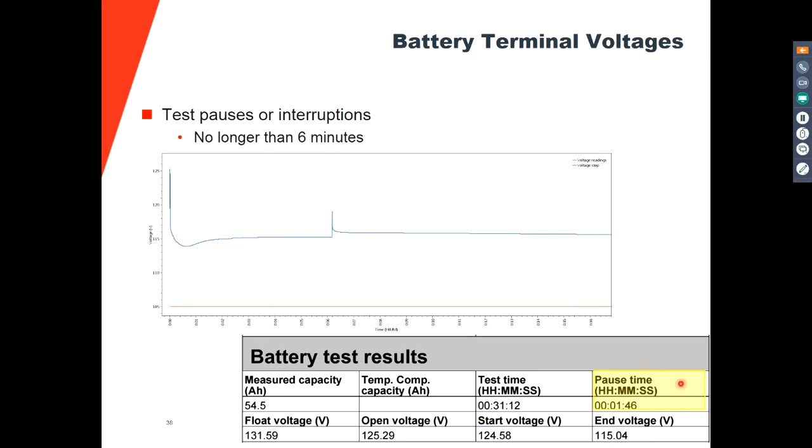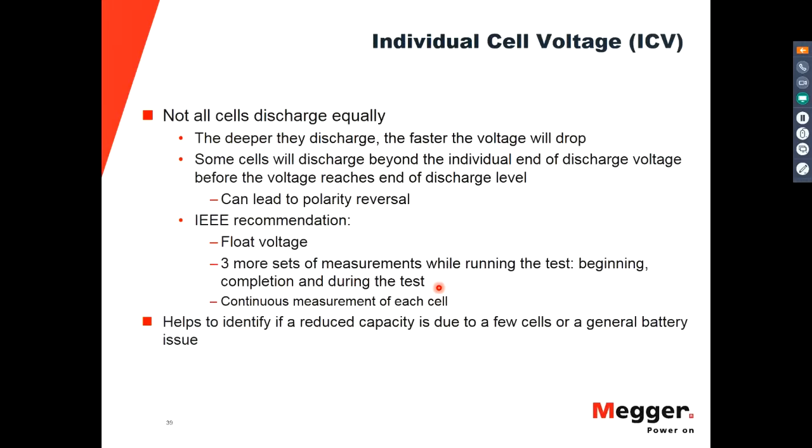In this result, we can see that the test was paused for almost 2 minutes, and you can see the effect of that here. Just with 2 minutes, the voltage went higher, and it takes a while to return to the previous voltage. So it's extending the time that the battery can run, which means that it is increasing the capacity of the battery.